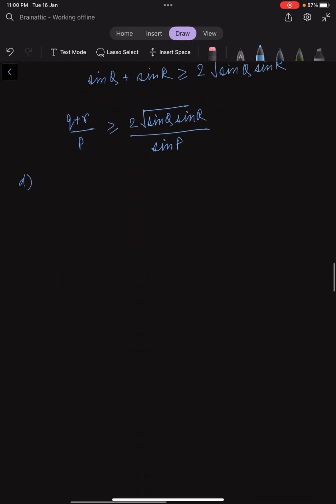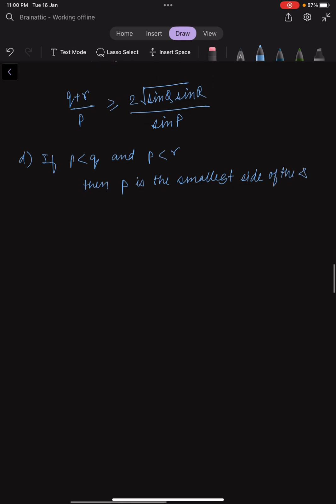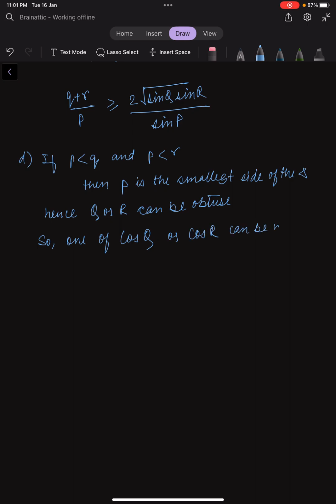Now, finally going for option D. For option D, if p is less than q and p is less than r, then p is the smallest side of the triangle, which implies hence q or r can be obtuse. So one of cos Q or cos R can be negative.